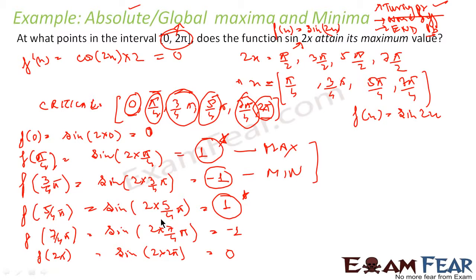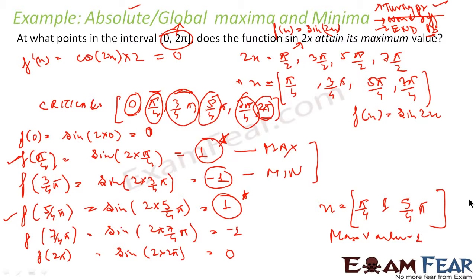The points at which the function attains the maximum value are x equal to pi by 4 and 5 by 4 pi, and the max value is equal to 1. The question asked me to find the points at which this function attains the maximum value. The points are pi by 4 and 5 by 4 pi.